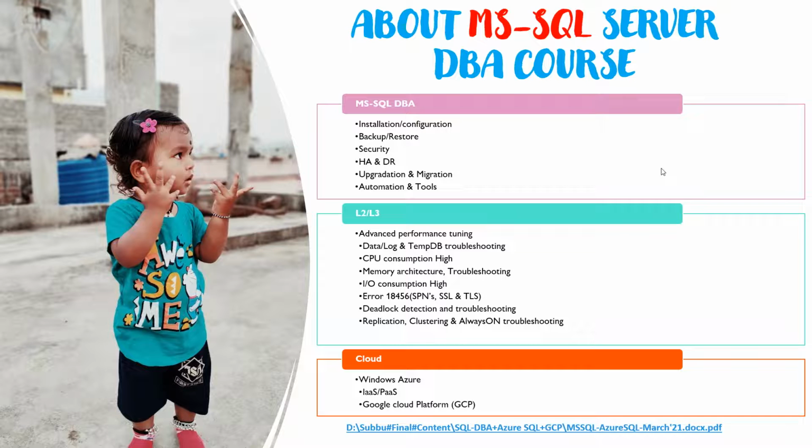That can be SQL, that can be Oracle, that can be MySQL, that can be Teradata, that can be Azure SQL. So many, around 300 and plus database management systems are available throughout the globe. In that we are learning a Microsoft product, that is MS SQL Server.